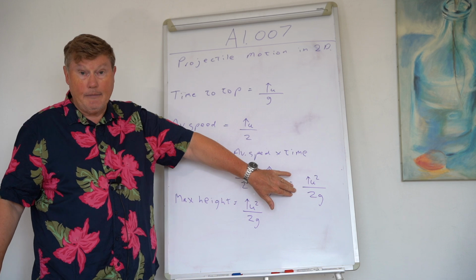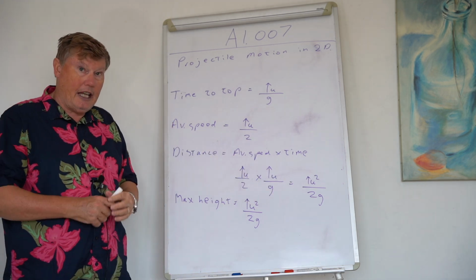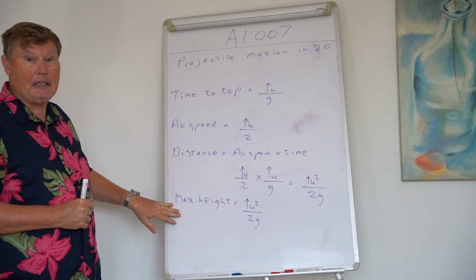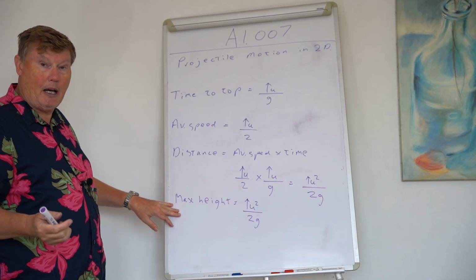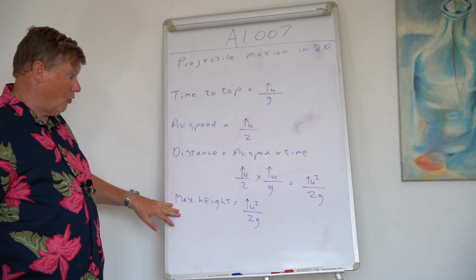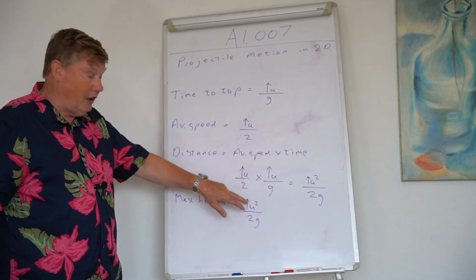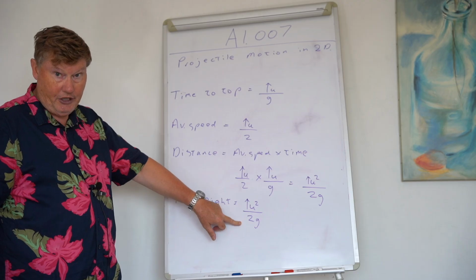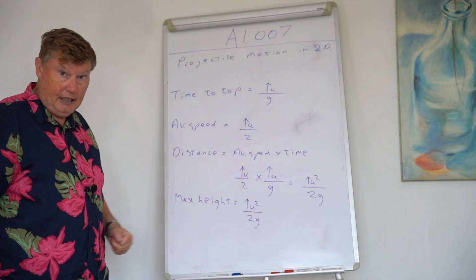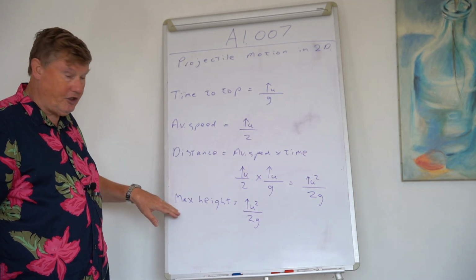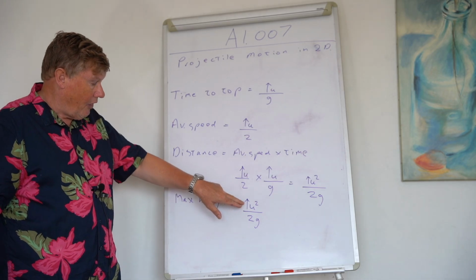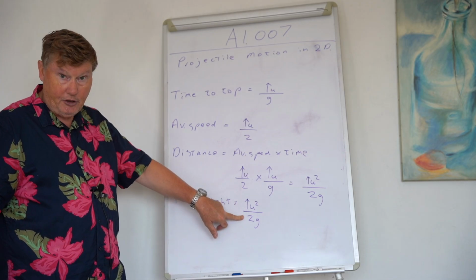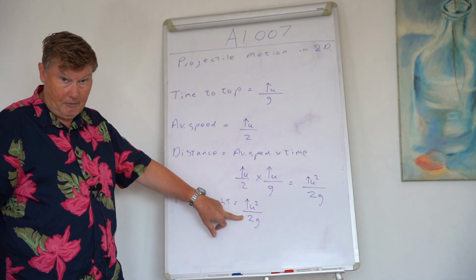And this is really important. Assuming that the ground is at the point where you threw it up, the maximum height above where it was thrown, to be more precise, is initial vertical velocity squared divided by 2G. And this is such a useful little equation. So the maximum height achieved is always the vertical component squared divided by 2 times G. I hope that's all clear.